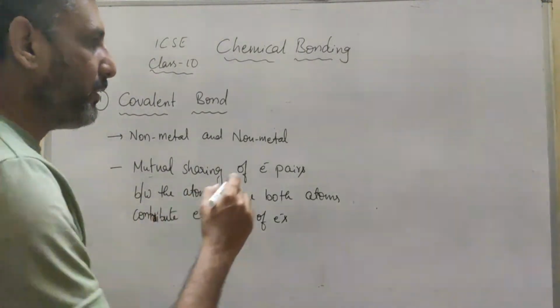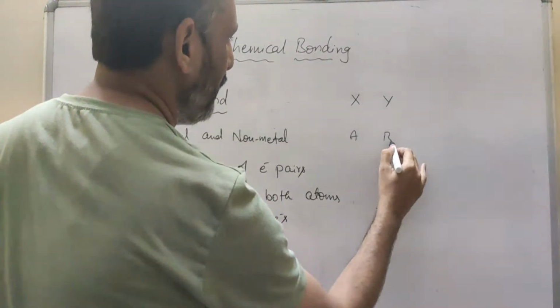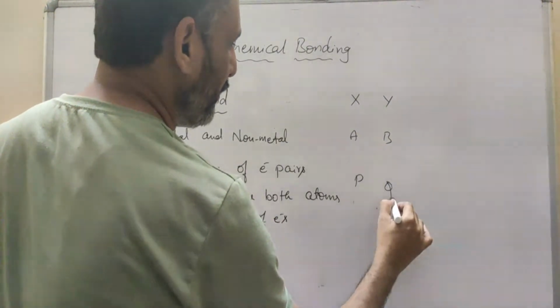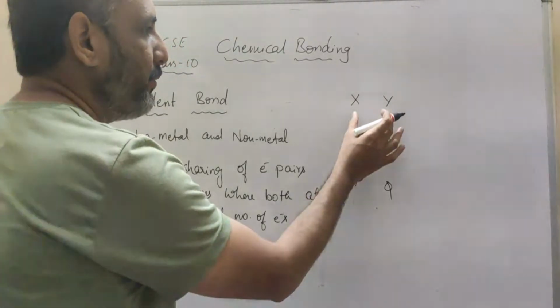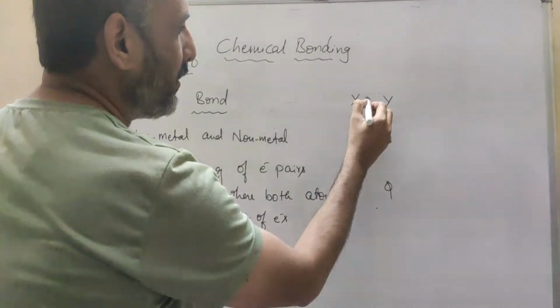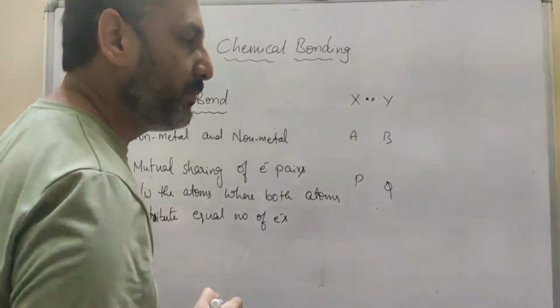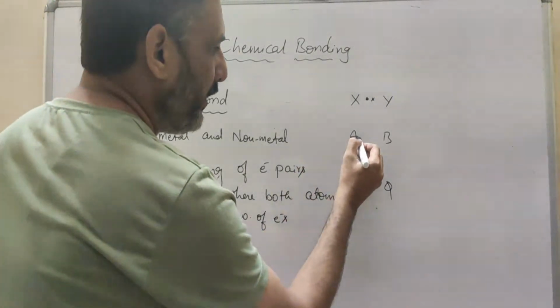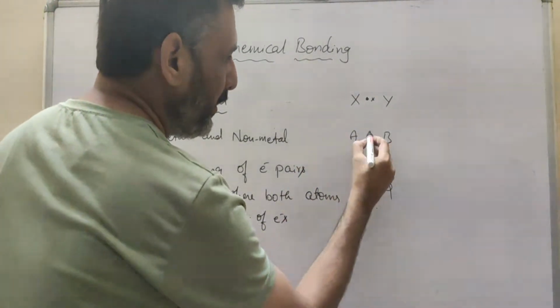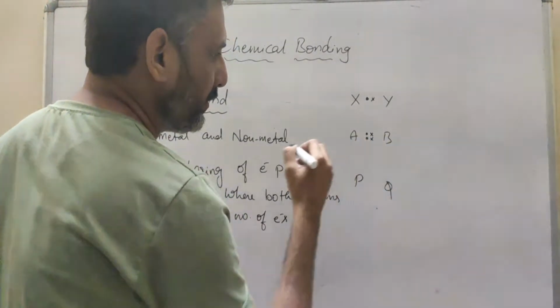Like if you take these pairs X, Y and A, B, and randomly I am taking P and Q. Let us say X, Y together form a covalent bond. So if X is contributing 1 electron, Y also contributes 1 electron. If A is contributing 2 electrons, B also contributes 2 electrons.